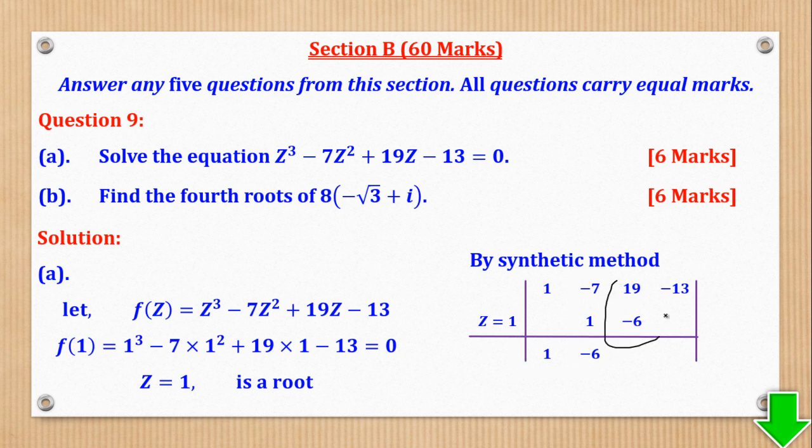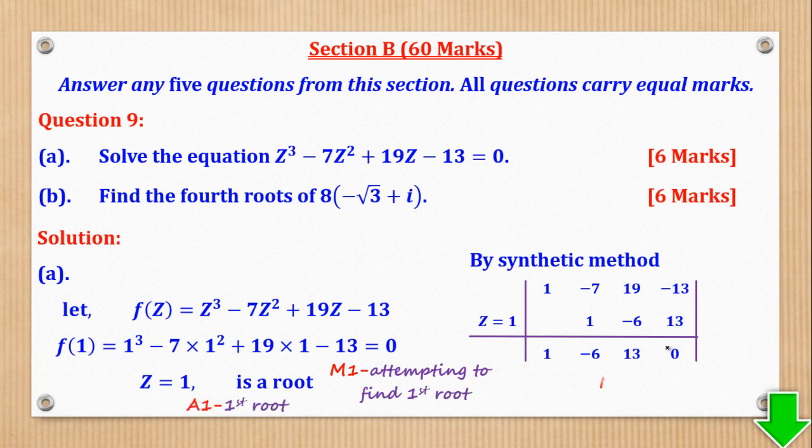Then add this to get 13. 13 times 1, you get what to put here. Then add this, you get 0. So what comes here is the remainder. So 0 means there is no remainder.